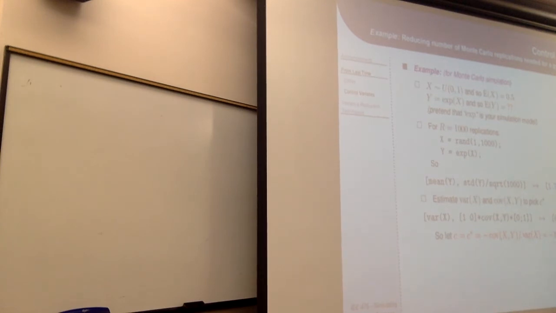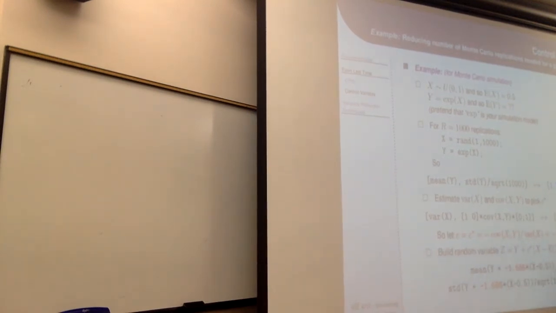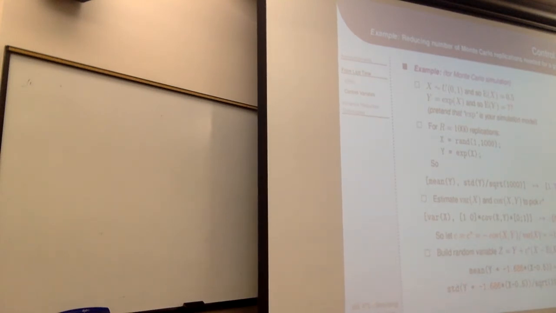That tells me that I can implement this variate, which is just my y values from up there, plus this negative value I solved for, times the difference between the input and its mean. That gives me a new random variable whose mean in MATLAB is 1.72.